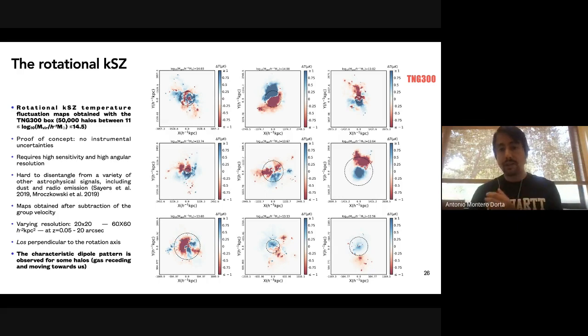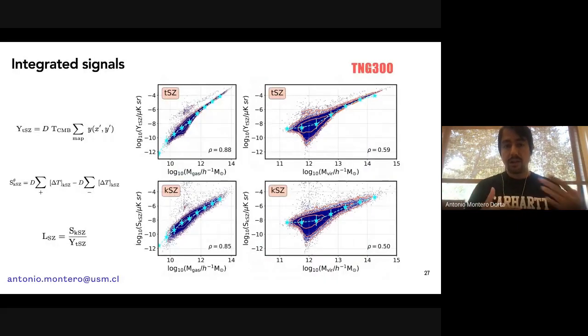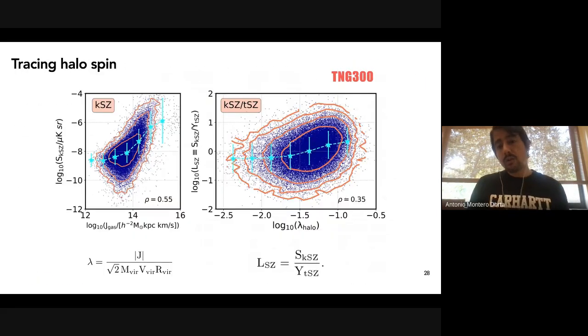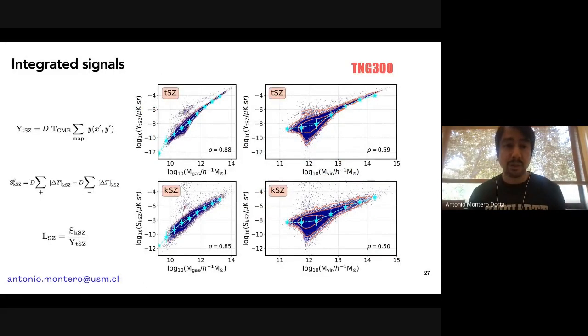So we did find the dipoles, and then we tried to analyze how the signals, both the kinetic Sunyaev-Zel'dovich signal and the thermal signal, behave.